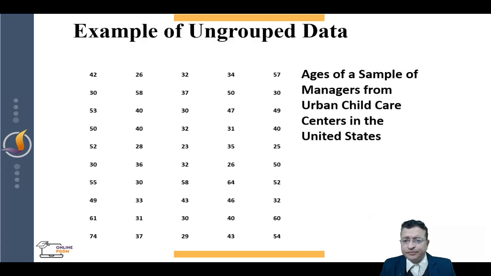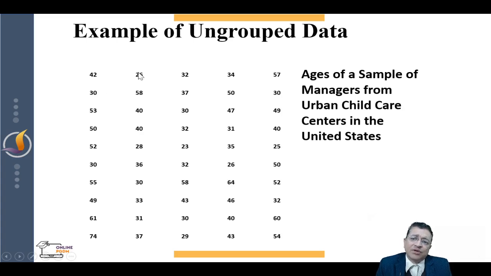Now, for example, we have the data related to ages of a sample of managers from Urban Child Care Center in the United States. Now in this data, you can look at the screen. This 42 is actually the age of some person. Then we have the next person. We have collected some information.